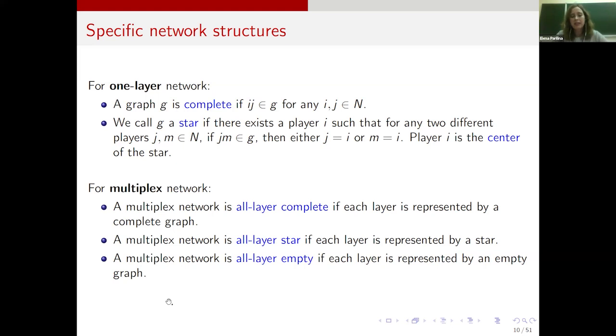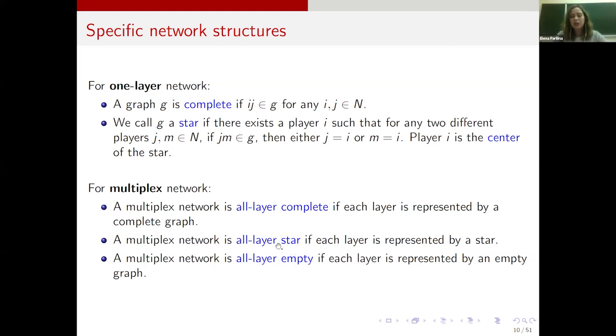For multiplex networks, we use these definitions for the special structures. A multiplex network is called all-layer complete if each layer is represented by a complete graph, and all-layer star if each layer is represented by a star.